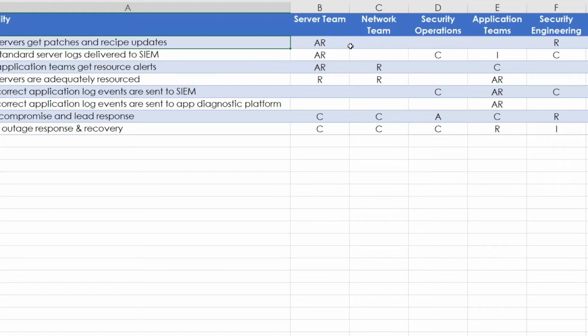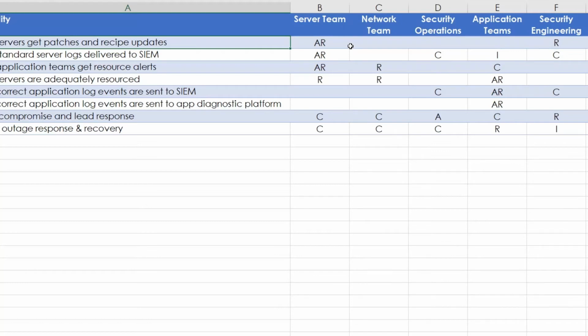And remind us what that actually stands for. The R stands for responsible. The responsible person or team is the one who actually gets the work done. Accountable is the one whose fault it is if it doesn't get done.